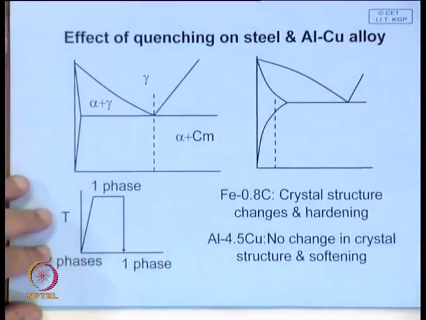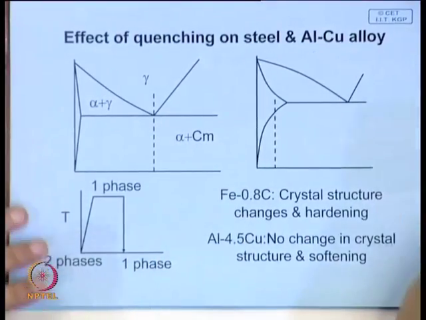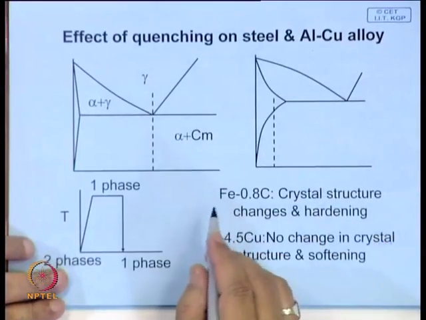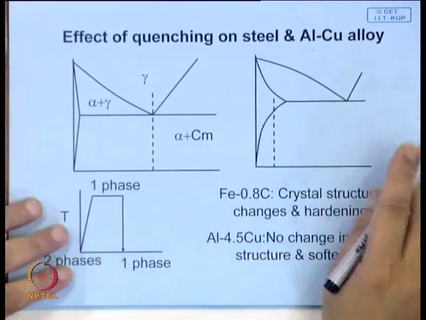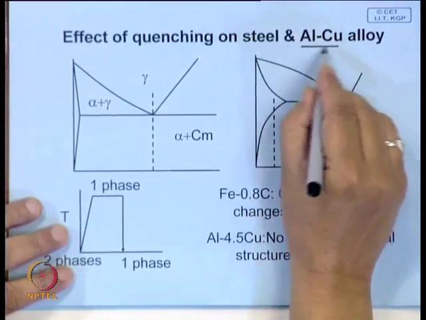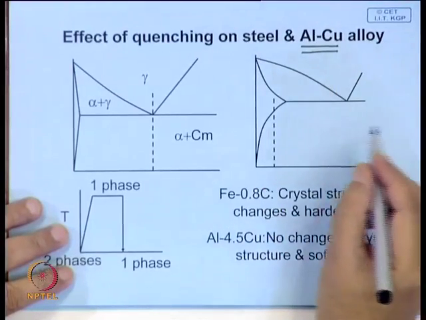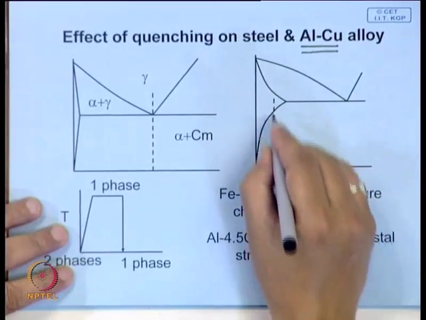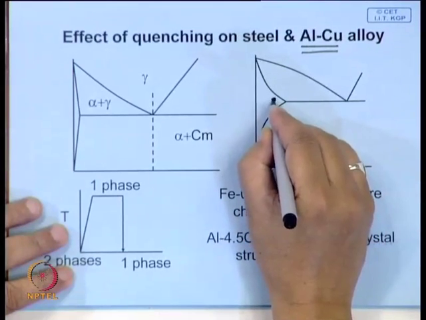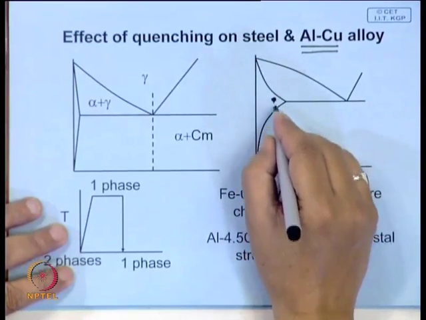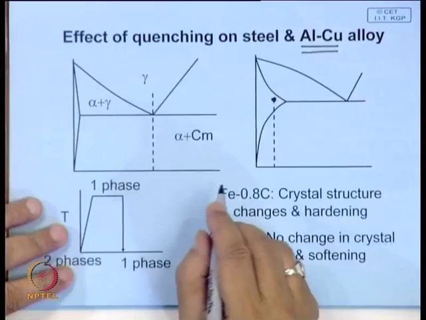In fact, if you try to recollect, there is some similarity with the heat treatment process we talked about in the case of the aluminum copper alloy, where we heat the alloy to the single phase region, and then if we cool it fast, you get one kind of structure. If you cool it slowly, you get another kind of structure.